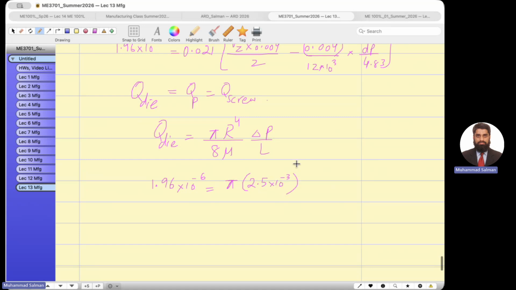Everything is in meters. Divided by 8 times 10 to the power 3 times delta p, which is our objective. This delta p would be plugged in over here. Make sure you are understanding the steps. The length of the die is given, which is 40 millimeters, so 0.04. From here, if you do the math, you should get 5.1 megapascals.